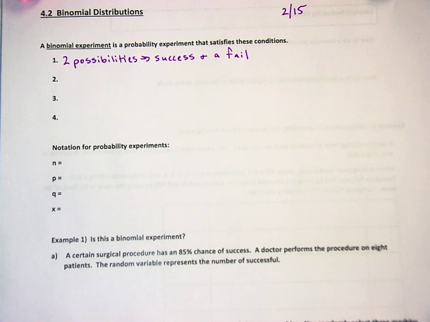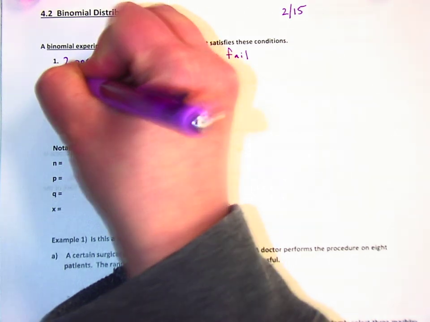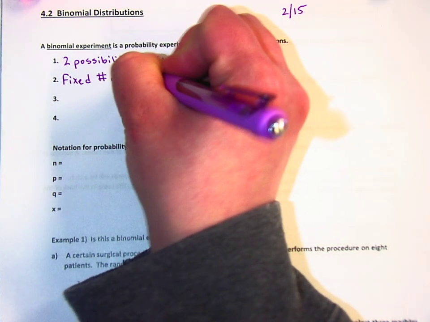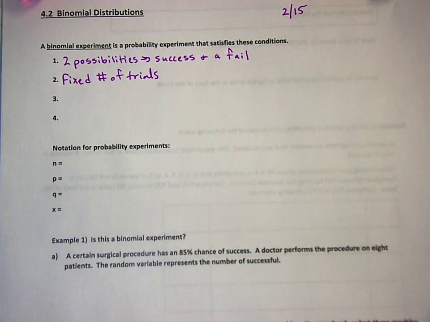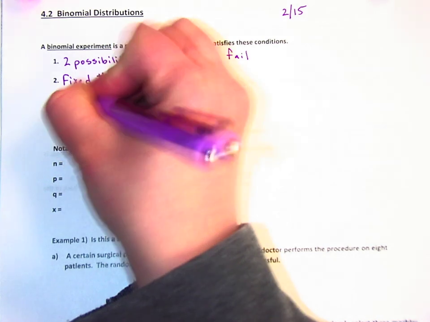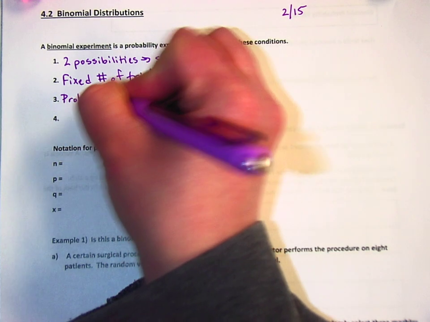Whatever your conditions are. The second thing is that you've got a fixed number of trials in your experiment, so you know how many times you're going to run it. Next is that the probability of success stays the same for each trial.